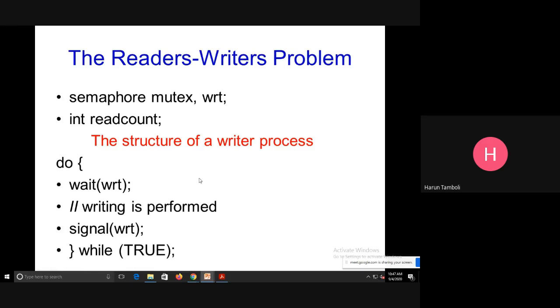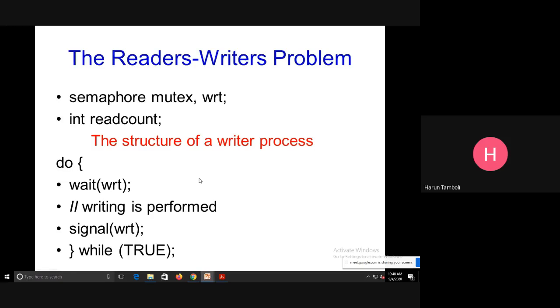If somebody is writing on the shared data, then it should definitely be mutually exclusive. That means only one writer is allowed to write something at a time, and if the task of that writer is over, then another writer can be allowed.